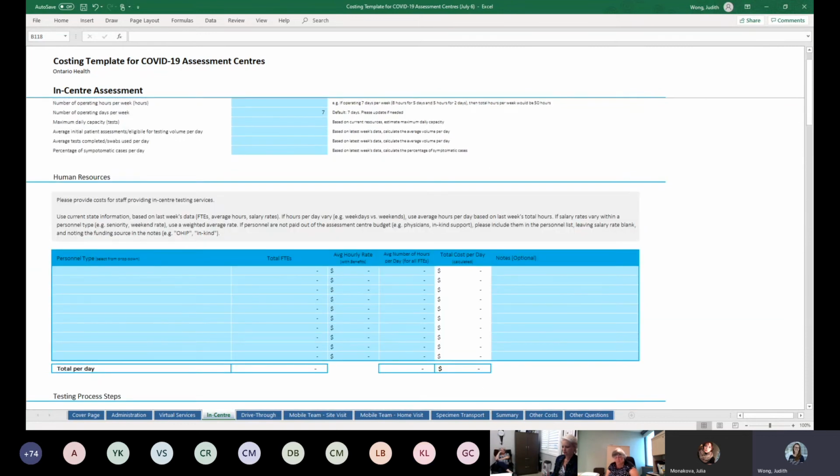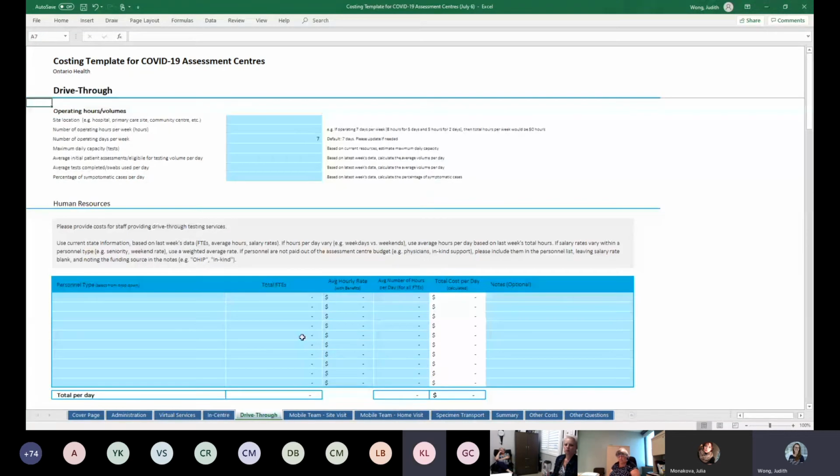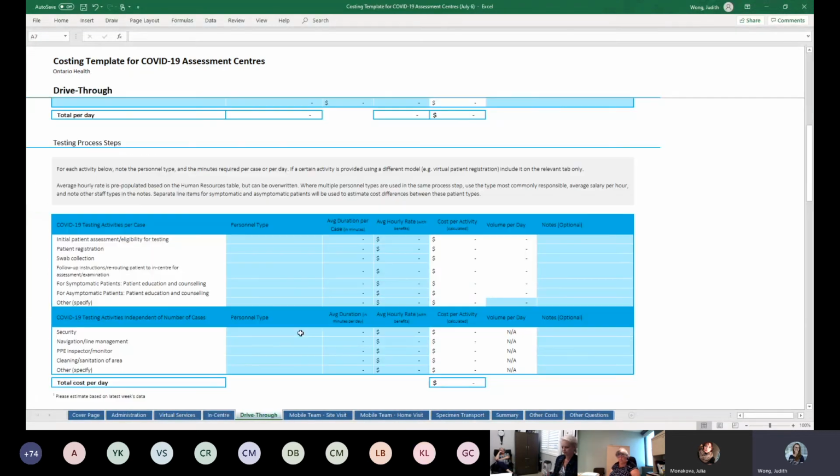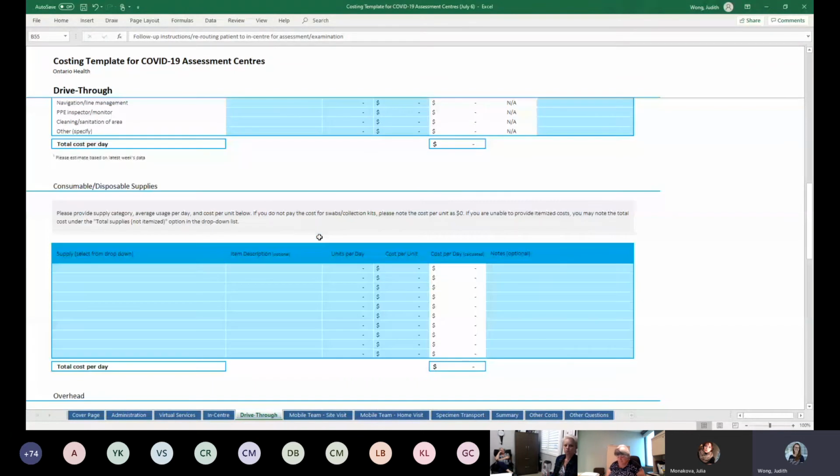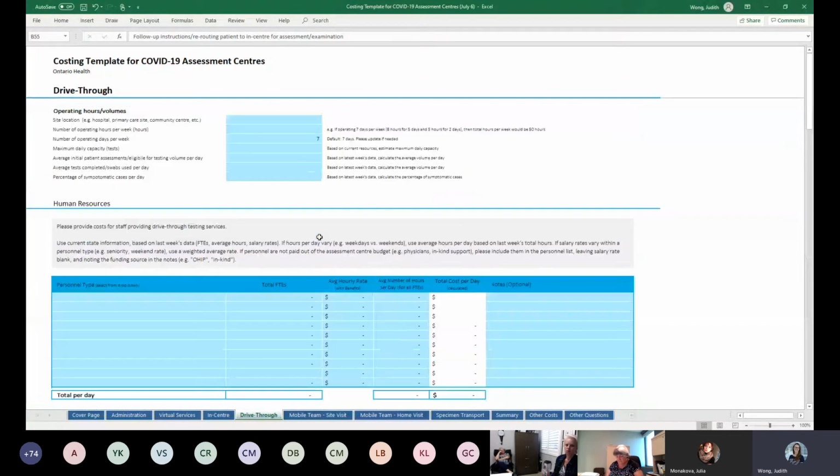I'm not going to spend too much time on drive-through. It's very similar to the format of the in-center testing. We assume with the drive-through that it will be a simpler model and it will not include additional services. We're assuming that the drive-through may reroute patients elsewhere for follow-up, so that's included here, but otherwise the template for drive-through is the same as in-center.